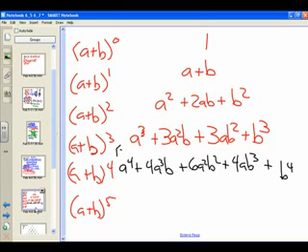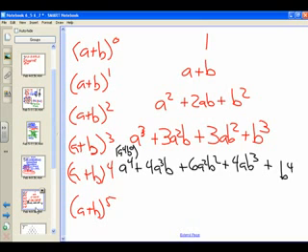Now, think of this one as being a to the 4th, b to the 0. Our b to the 0 is 1. Anything to the 0 power is 1.